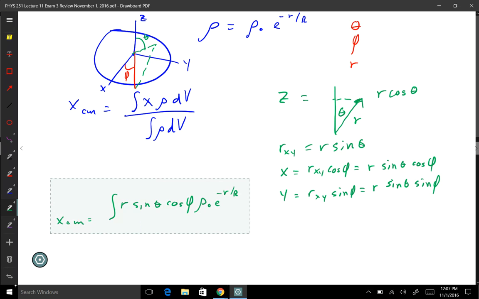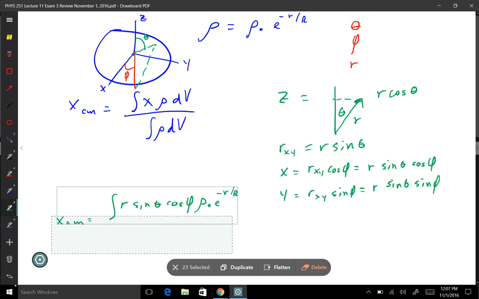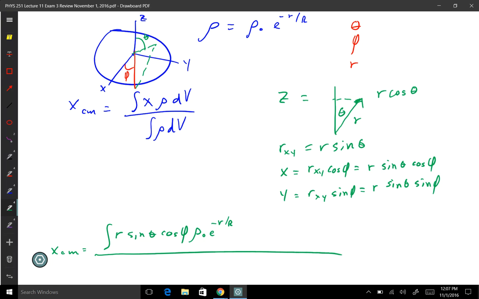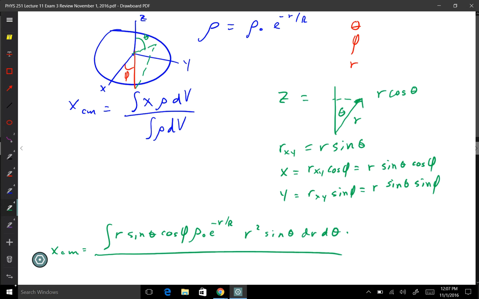What's the last piece that goes in the numerator, before I put the divider? My dv, which is r squared sine theta dr d theta d phi. Yeah, it's on the equation sheet, but that's what dv is for spherical coordinates.